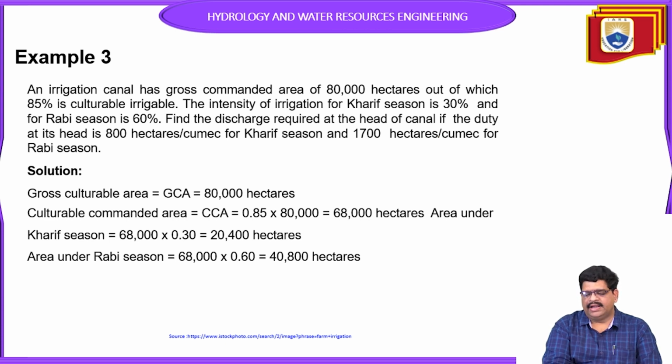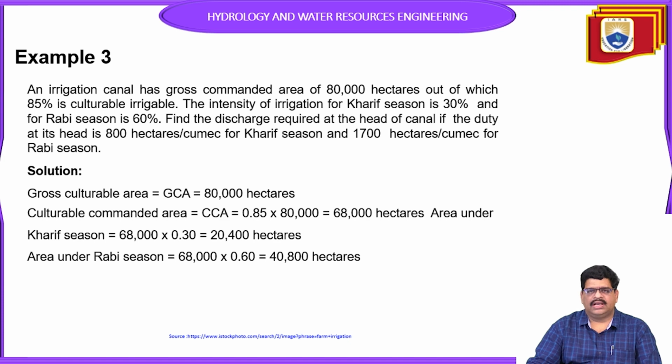Find the discharge required at the head of the canal if the duty at its head is equal to 800 hectares per cumec for the Kharif season and 1700 hectares per cumec for the Rabi season. So from this, the gross command area is equal to 80,000 hectares.